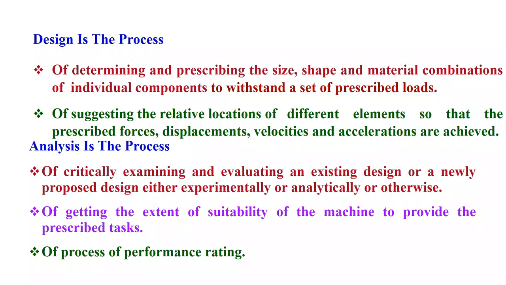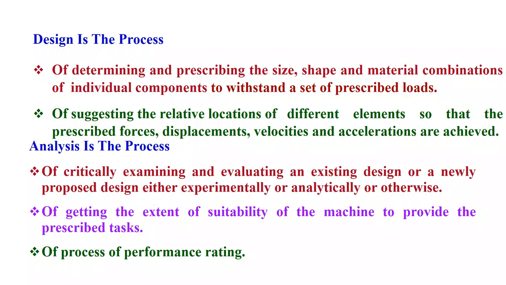We can identify the outcomes, such as selecting a suitable machine to provide the prescribed task, and the process of performing ratings. That will be given by the analysis process. So any machine's outcome or the performance rating for humans or other things comes under the analysis process.